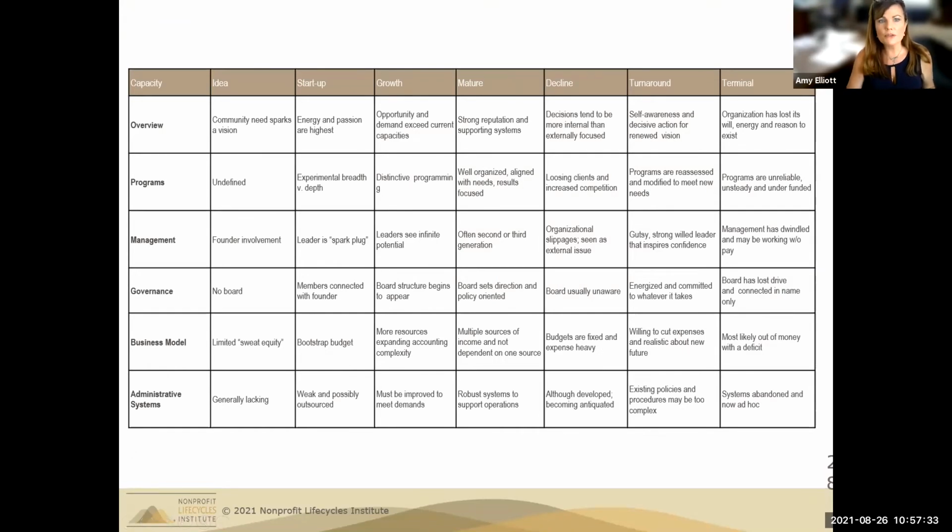It isn't beautiful, but it's super condensed and short, and it also gives an indicator of different stages. So if you would, just take a minute to chart your first impressions of your organization's life cycle capacity placement.